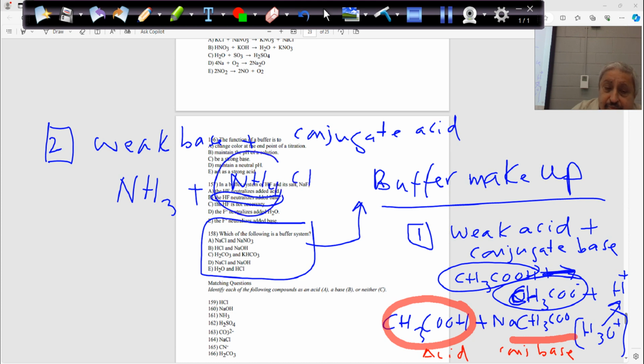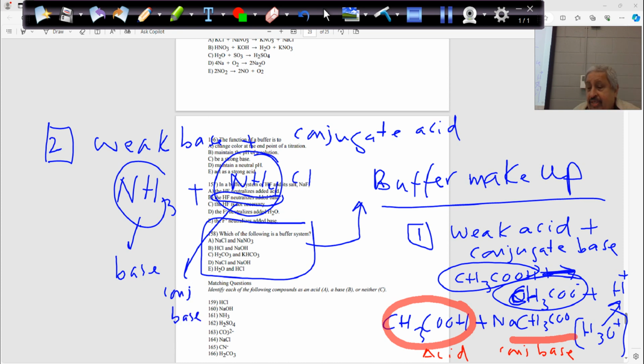So ammonium is plus and ammonia is a base, and this is the conjugate base. Looking at this, a conjugate base is an acid that lost its proton, and conjugate means follower of.